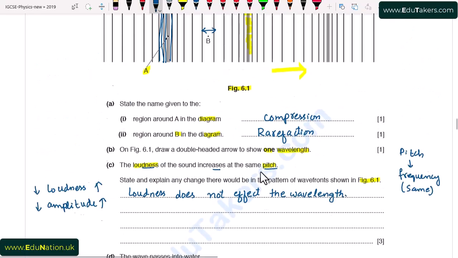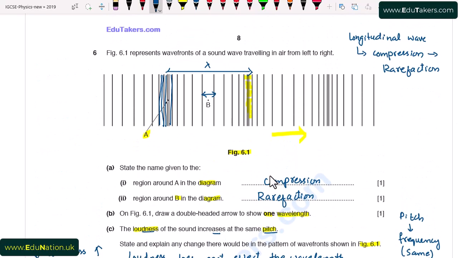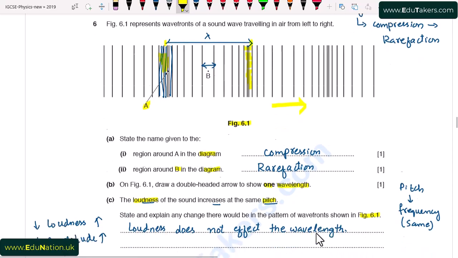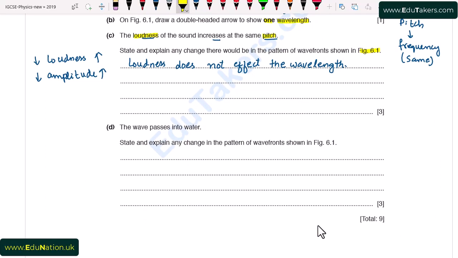We can see in this figure that in a compression, the number of wavefronts increases, meaning that the wave is compressed here. But the distance from this point to this point remains the same, which is equal to the wavelength. So when we increase the loudness, just the amplitude of the wave increases, but the wavelength remains the same.